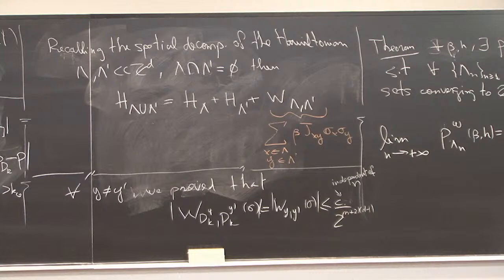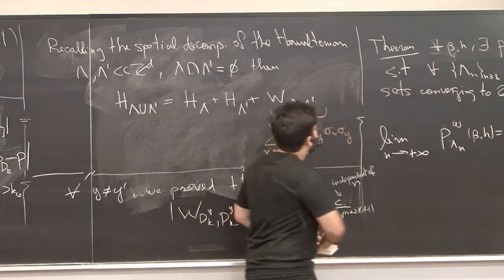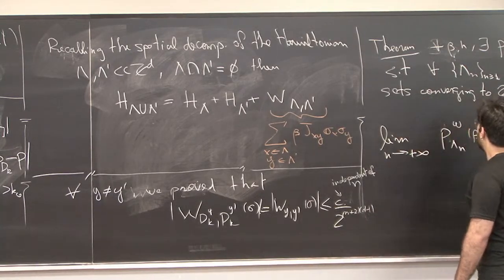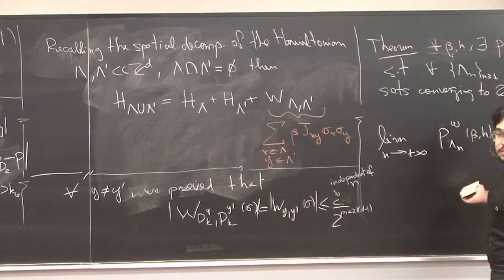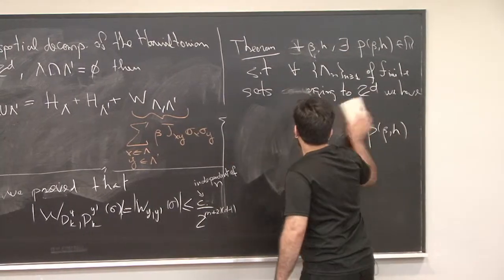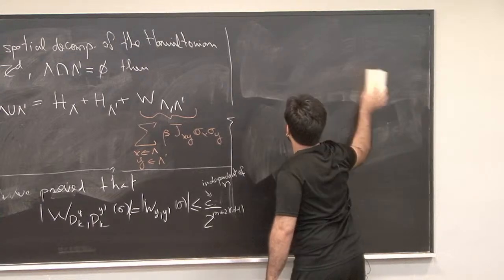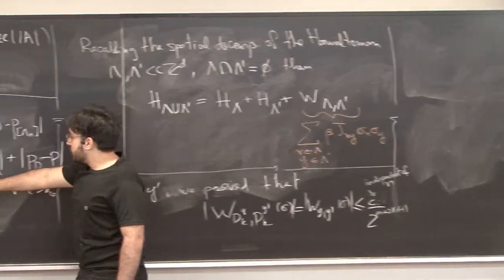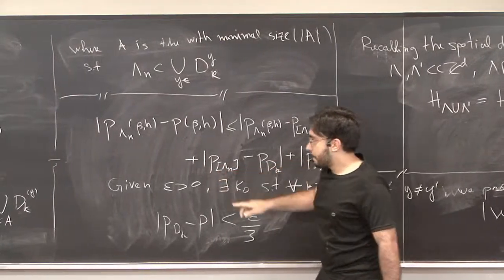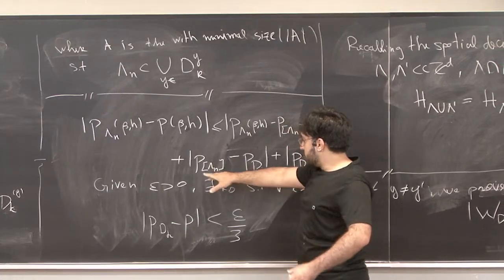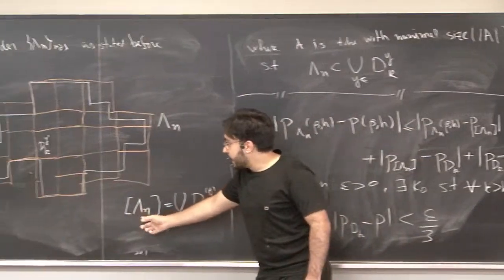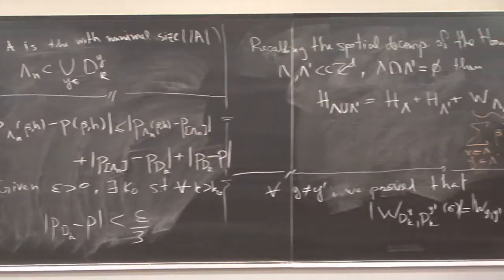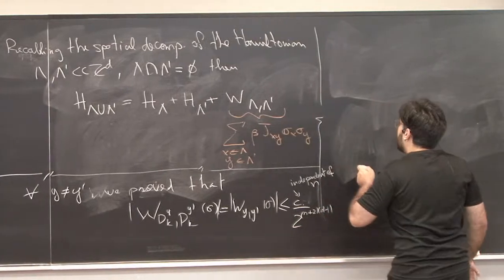So now we have, can I erase the theorem? What do you think? Okay, so what happens is that in the cover of lambda n by the cubes, since the cubes are disjoint, they decompose.